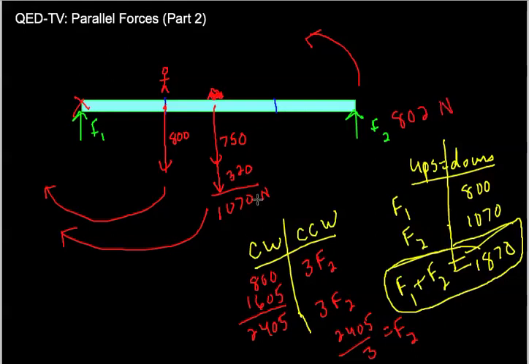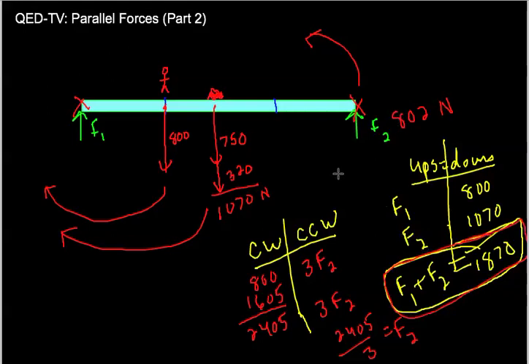Okay, now what I've seen some students do is say, okay, now let's figure out F1. So we're going to come over here and use this as our reference point and do the same thing. And you can totally do that if you want. You could take 1.5 times 1070 plus 800 times 1.2, and that should equal F1 times 3. But the easiest way is that we already have our ups and downs. We know F1 plus F2 equals 1870, and we know what F2 is.